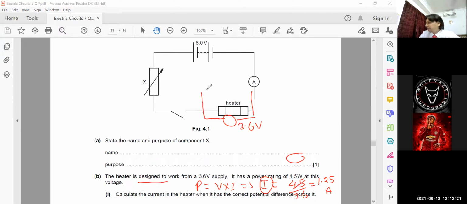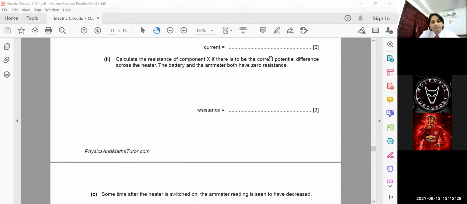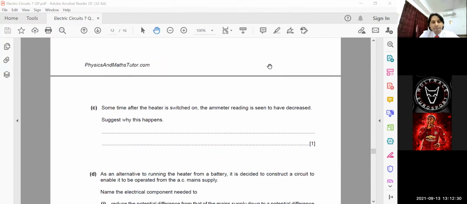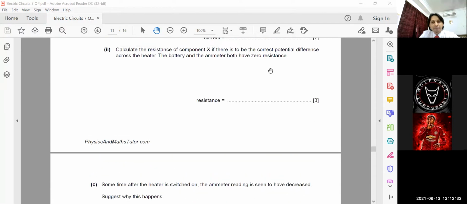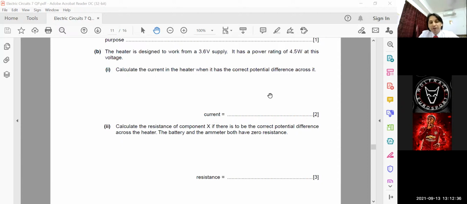Now, what about the next part? Calculate the resistance of component X if there is to be the correct potential difference across the heater.